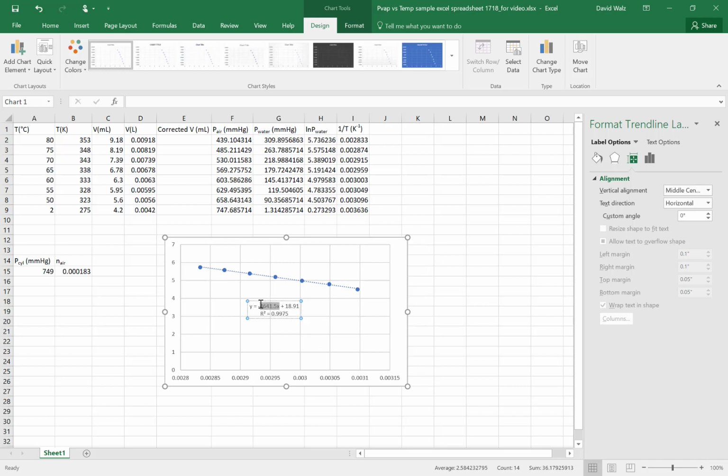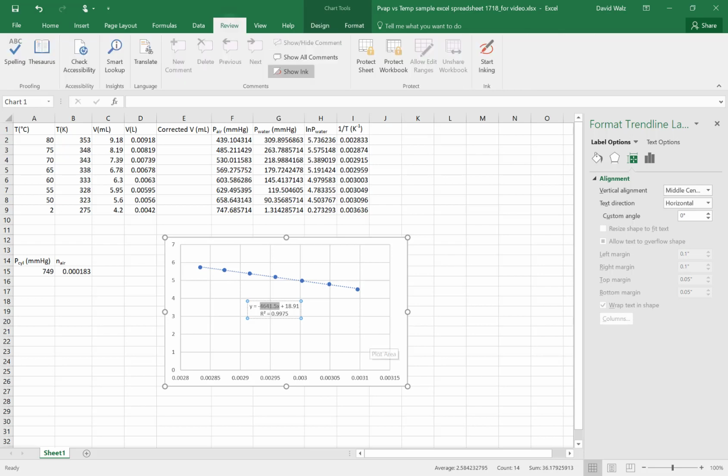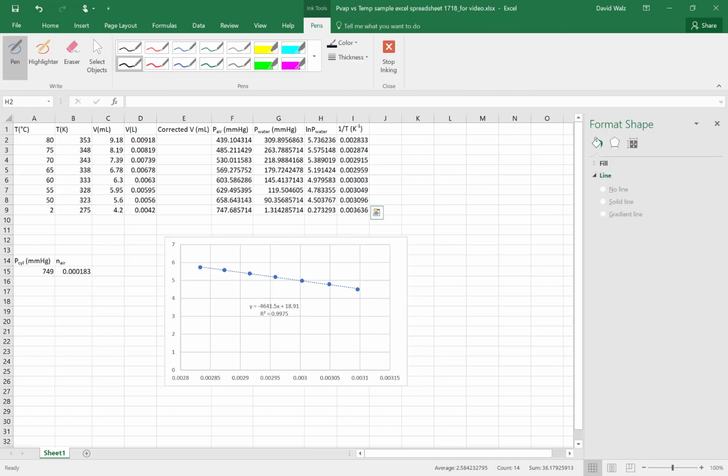And then you could take the negative value of your slope and set it equal to delta Hvap over R, and we want to use the energy form of R, and then you could solve for delta Hvap. So you would take this, and go, let's see if I can ink on here.